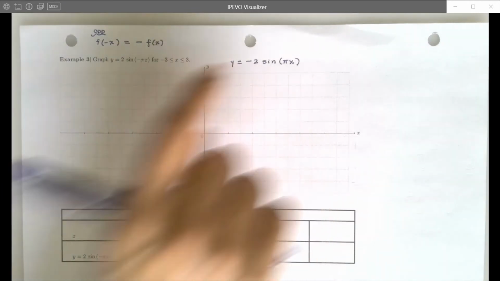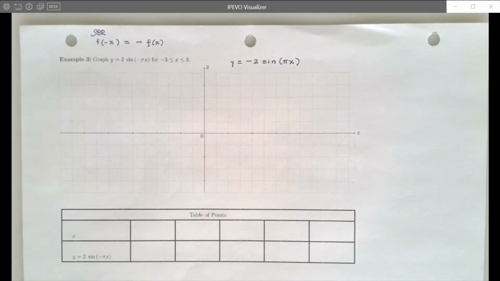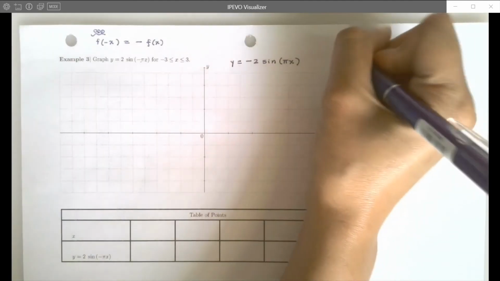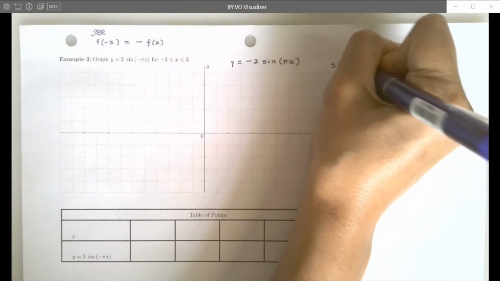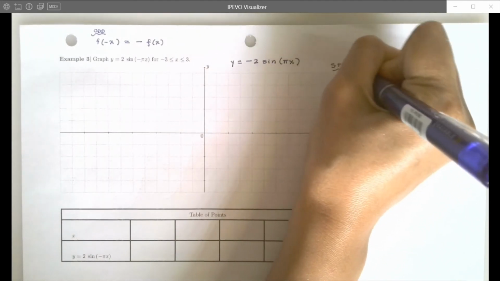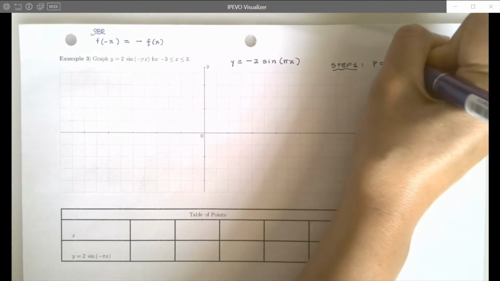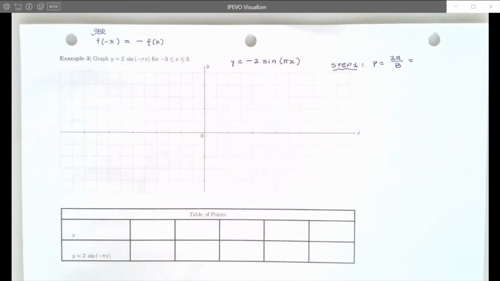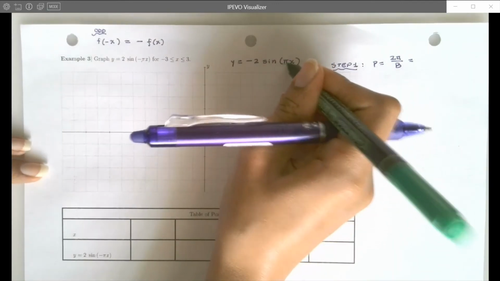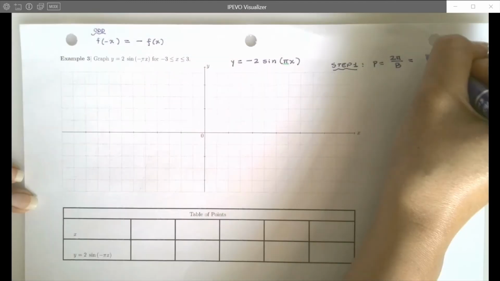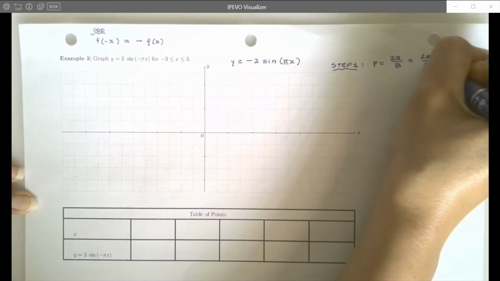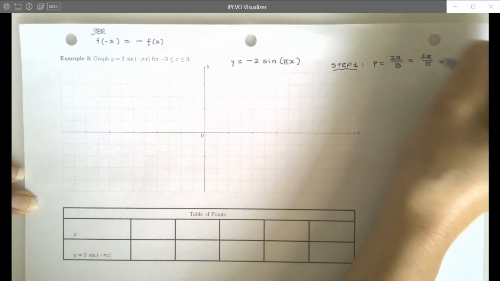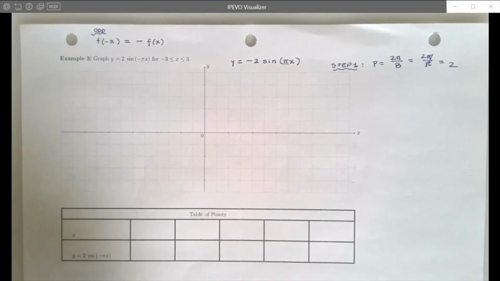And now this is the function for which we're going to be finding the period. Okay, so here's step 1. The period is 2 pi over b, where b again is the coefficient in front of x. So we have 2 pi over pi. That means that the pi's cancel and we get a 2.